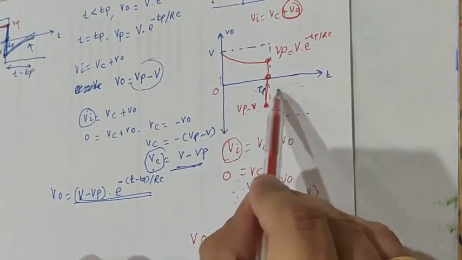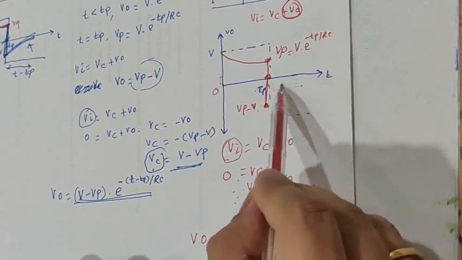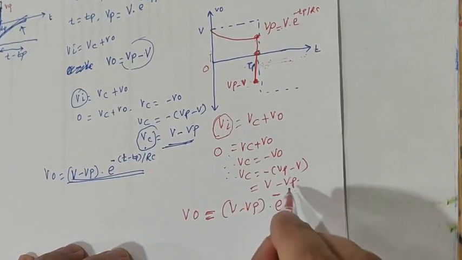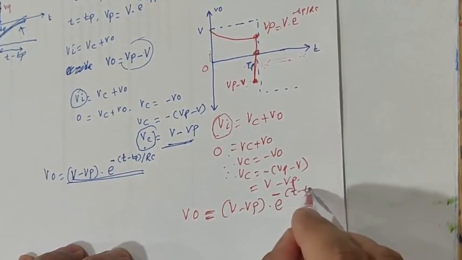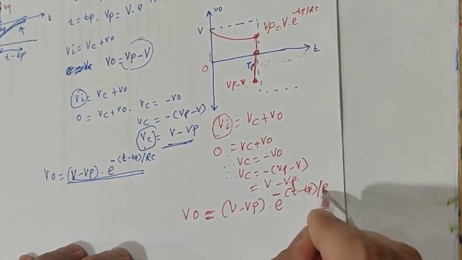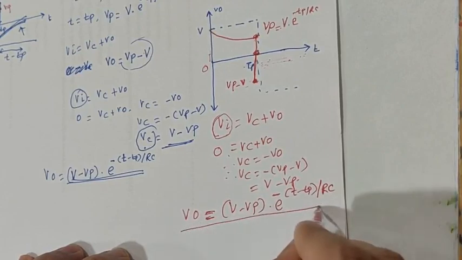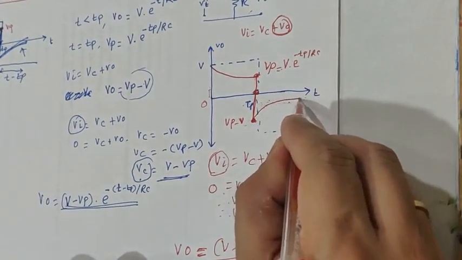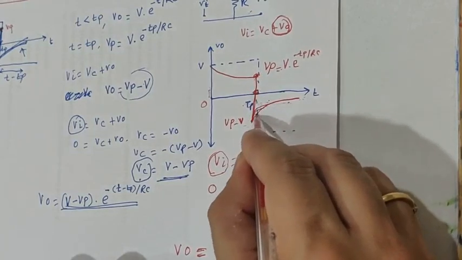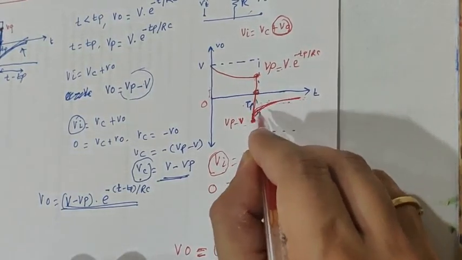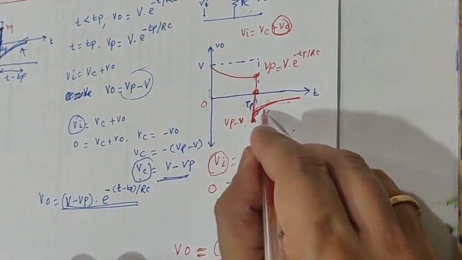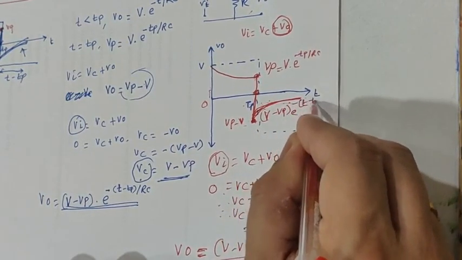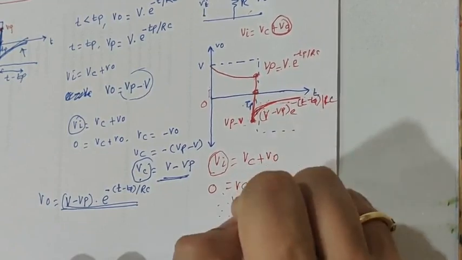So the time instance here will be t minus Tp divided by Rc. So this will be the output equation, and the capacitor is going to discharge like this. The equation here will be V minus Vp into e to the power minus t minus Tp by Rc.